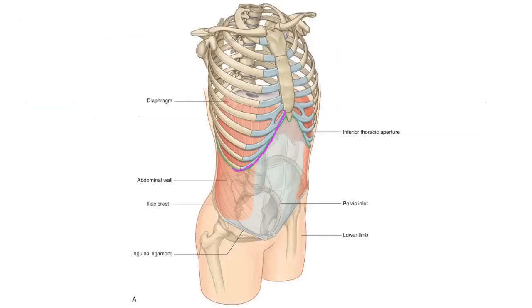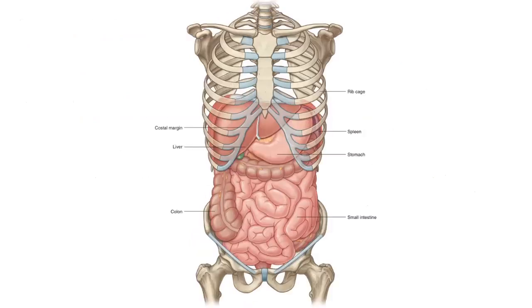Costal margins, xiphoid process, iliac crest, anterior superior iliac spine, pubic symphysis, right? So those are the bony landmarks of the anterior abdominal wall, right? You see, this is the costal margin, this is the xiphoid process, right?